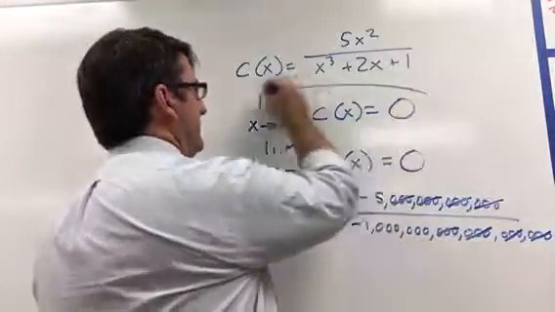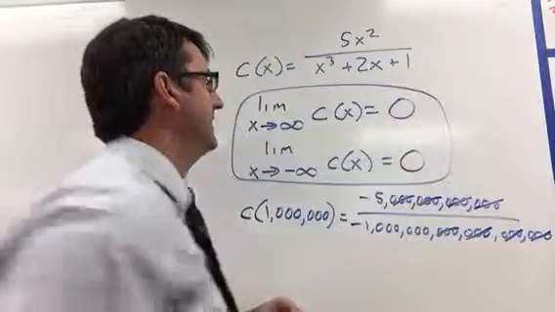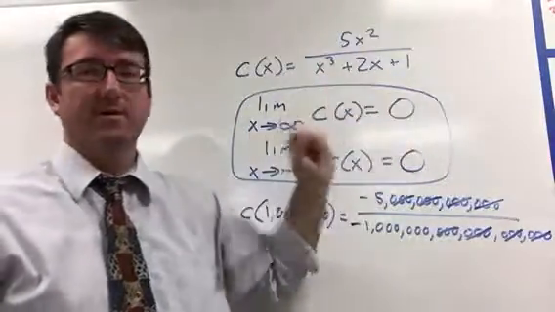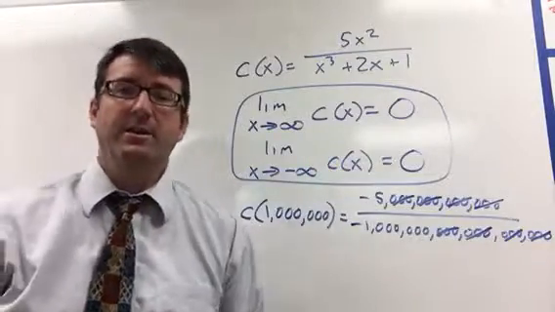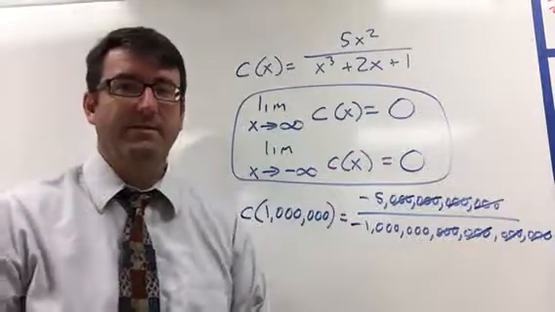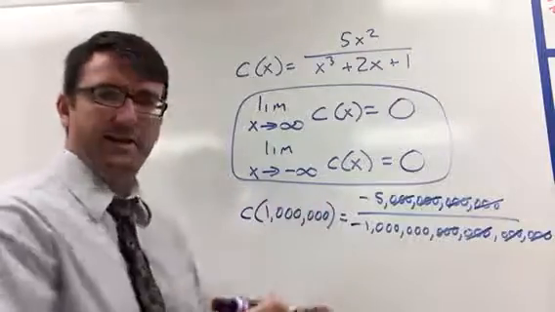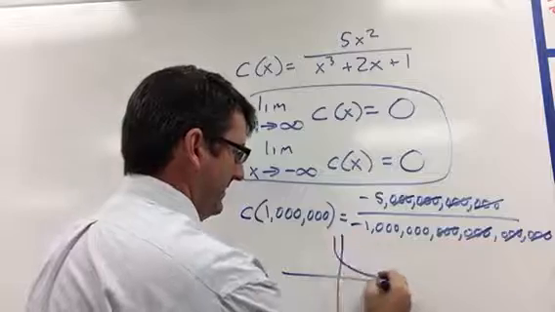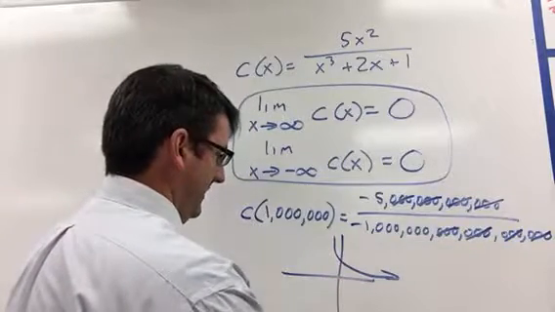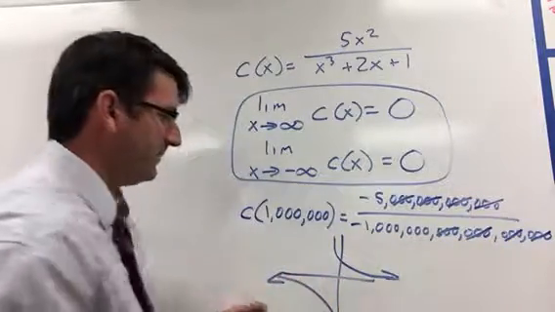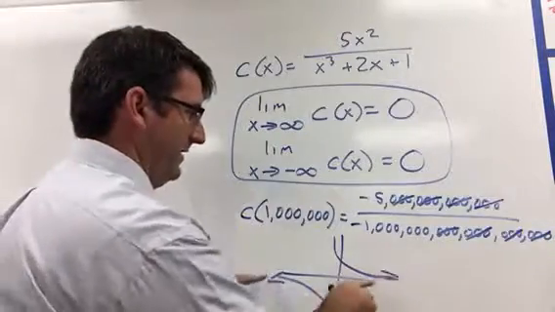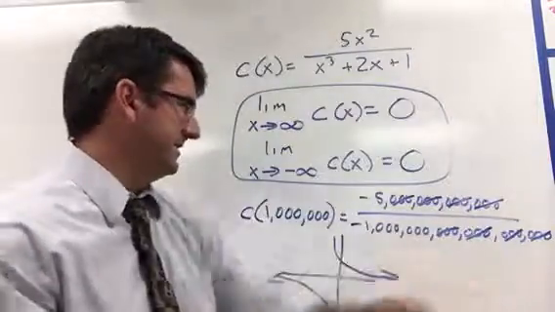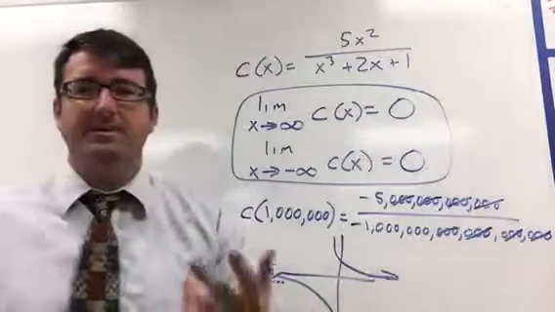So the limit as x approaches infinity of this function is 0, and the same thing for the limit as x approaches negative infinity. It'll end up looking something like this and like this. You can see that as we go to the right, the function is approaching 0. As we go to the left, it is approaching 0.